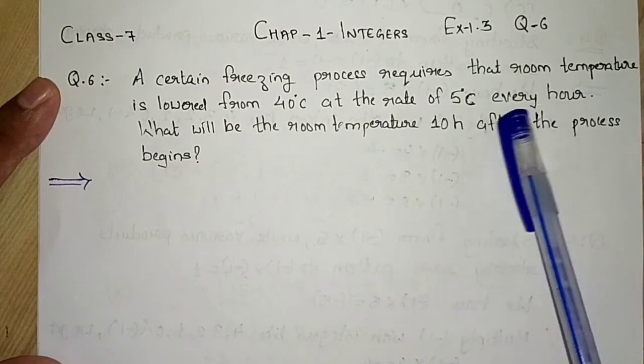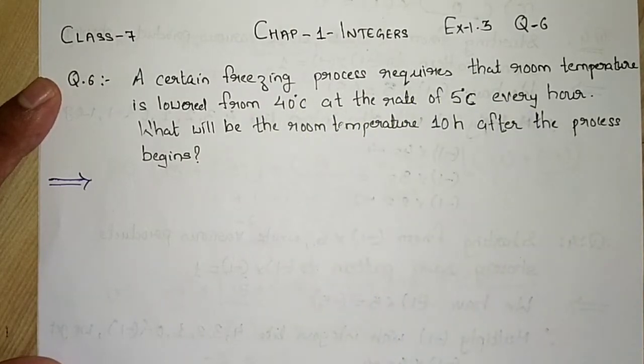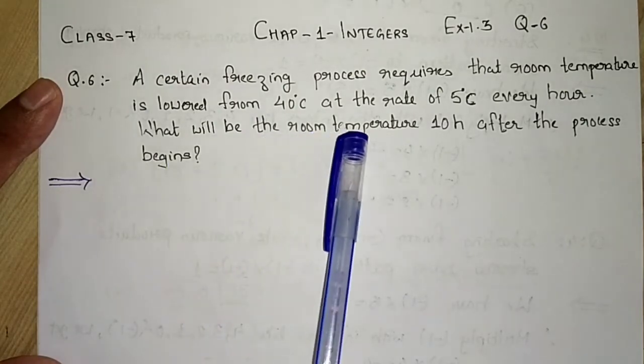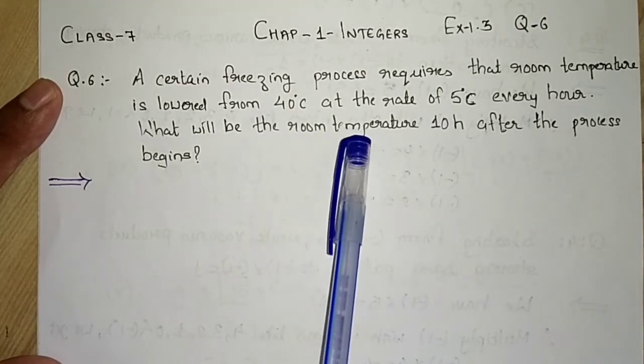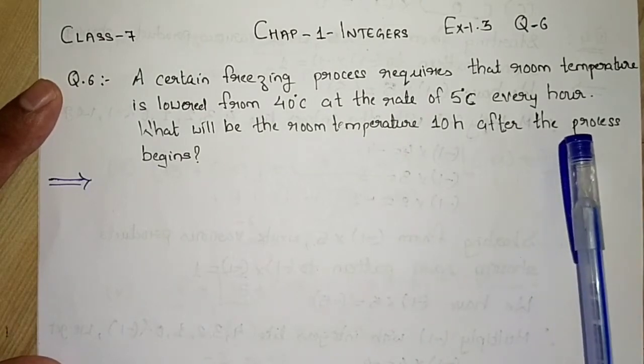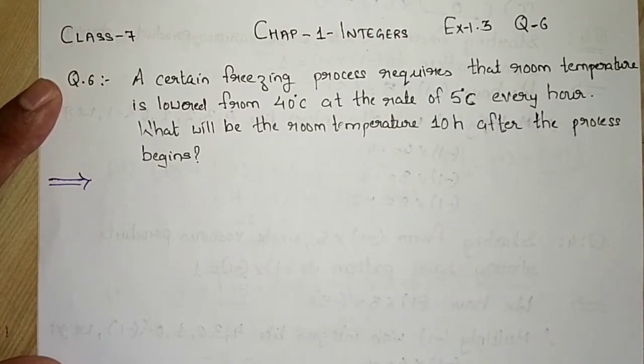That is, every hour 5 degrees Celsius is reduced from 40 degrees Celsius. And then they asked the question, what will be the room temperature 10 hours after the process begins?